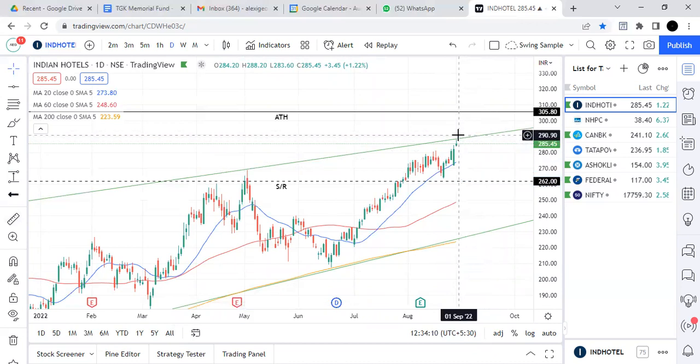So what you do is, when it does break out of this and you enter the trade, only enter with about 10 or 20% of your capital. I've asked this person to put in 3,000 rupees and to buy only three stocks, three companies. That means you spend 1,000 rupees for each company.